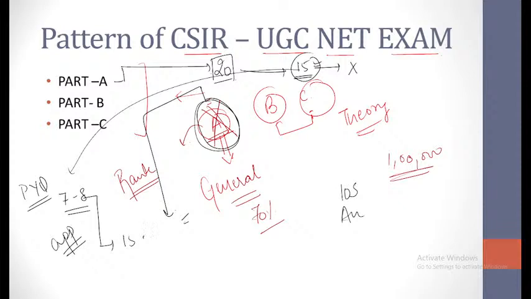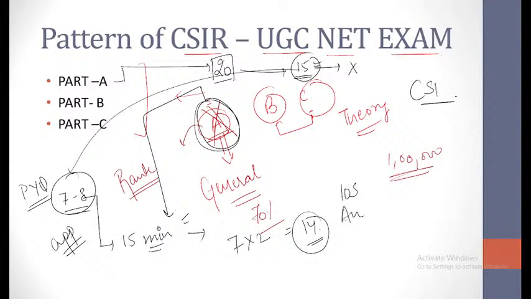Not more than 15 minutes would be taken up in your complete examination hall, and then you can target 7 into 2, that is 14 marks. And you know, in CSIR every single mark matters. Every single mark would help you be 100 times ahead in the race, and 14 marks could do magic.